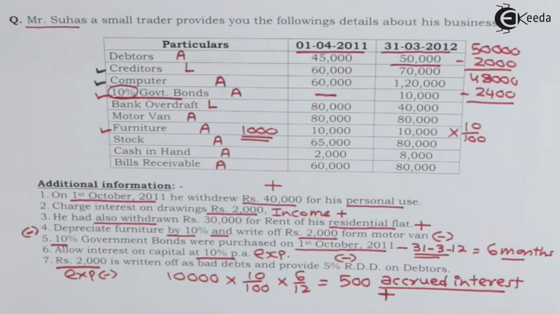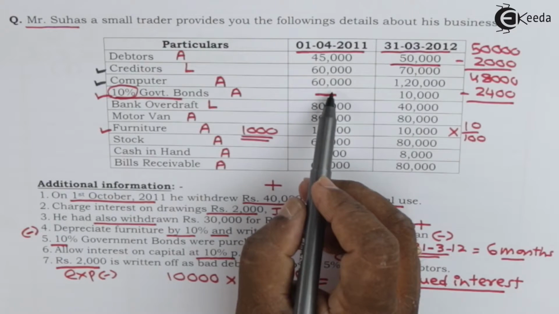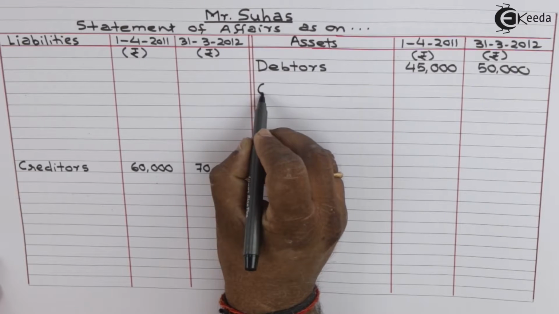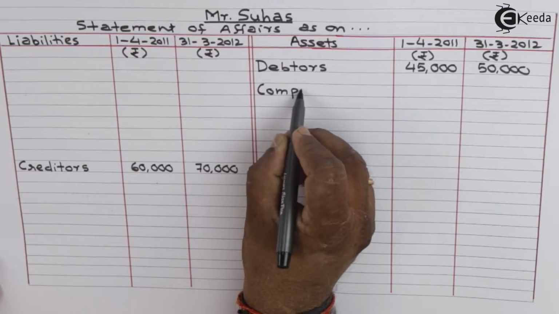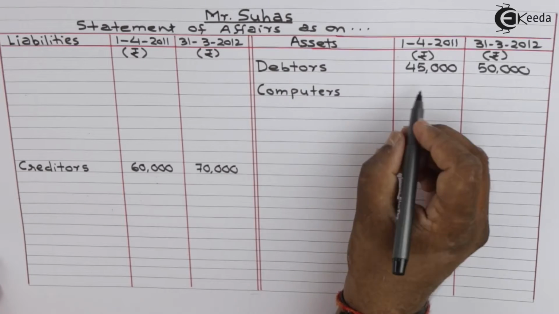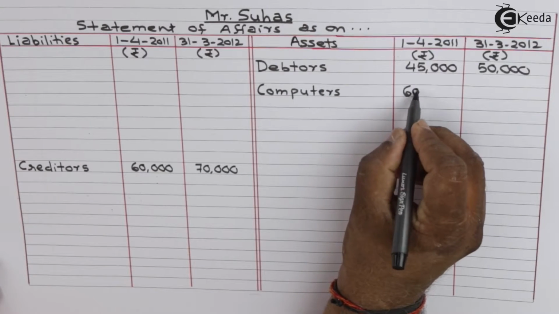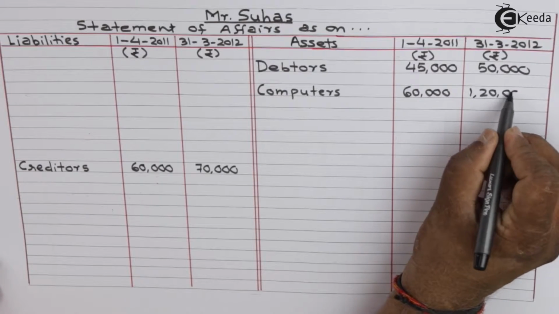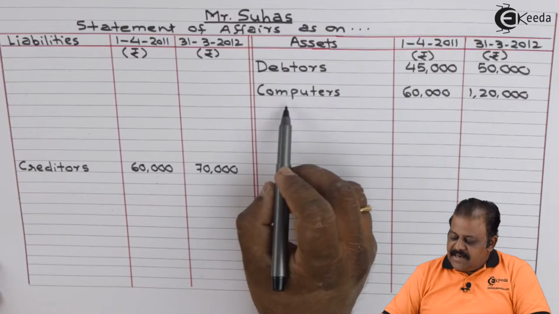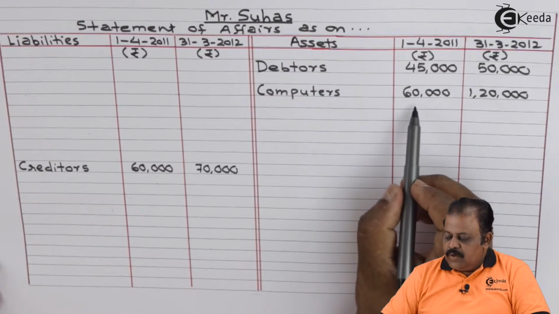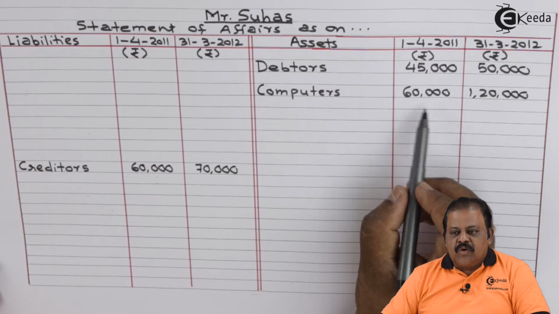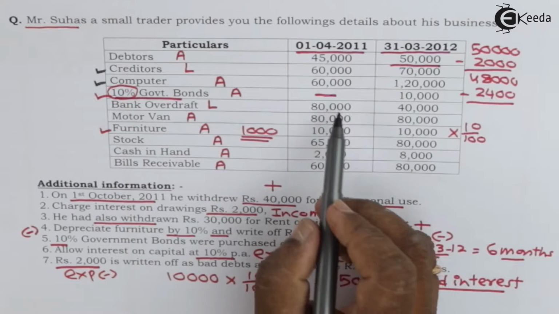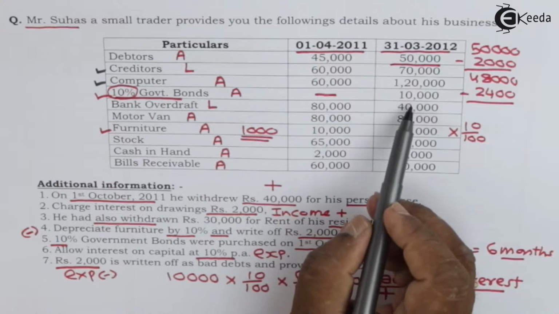Computer opening 60,000, closing 1,20,000. Asset side, computers opening 60,000, closing 1,20,000. 10% government bonds, opening nothing, closing 10,000.